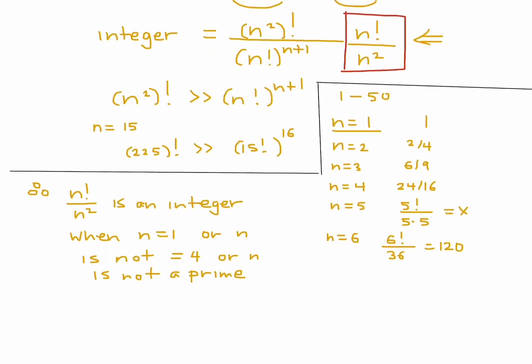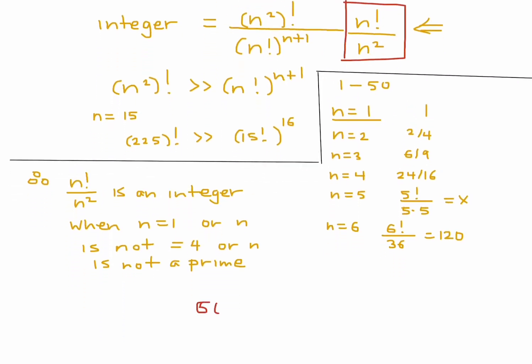So that's pretty much how we're going to do this. So of the 50 numbers between 1 and 50, we get rid of that 4, so that's just one number, that 4. And then everything else that we get rid of is a prime number. And between 1 and 50, if you count them, there are 15 prime numbers.